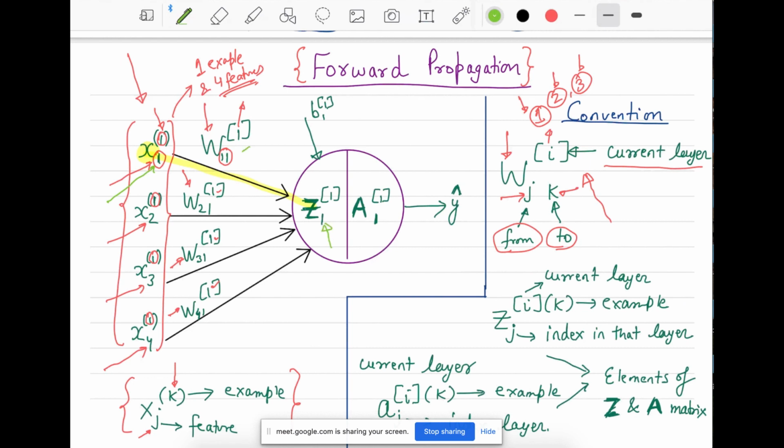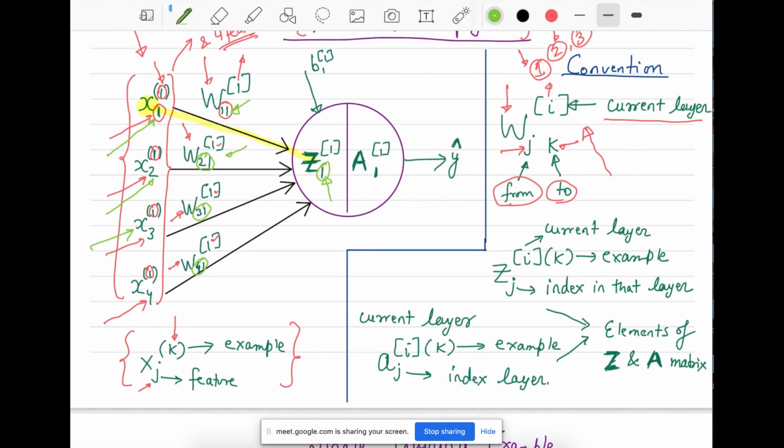That's why we are writing 1 1. For this case, it is 2 1, meaning you are moving from node 2 to node 1 here. So that's why we are writing 2 1. This is for the third thing, which will be 3 1, and then we have 4 1. So this convention is regarding the weights that you have.